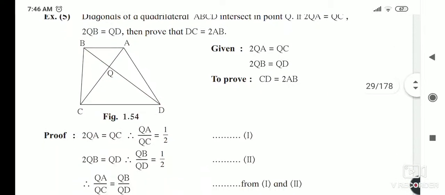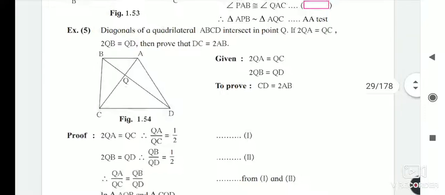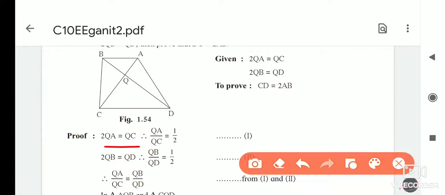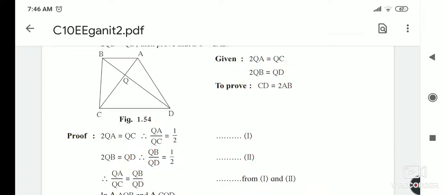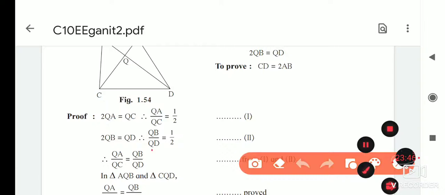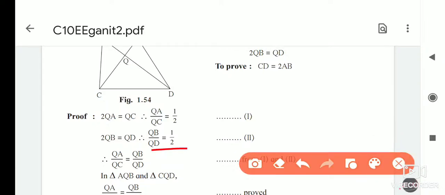So given is written here, to prove is written here. So first of all, we will find the ratio QA upon QC, which is equal to 1 by 2. Then take the ratio and find QB upon QD, which is equal to 1 by 2. Since it is the same, 1 by 2, their ratios are equal. Therefore, QA upon QC is equal to QB upon QD.